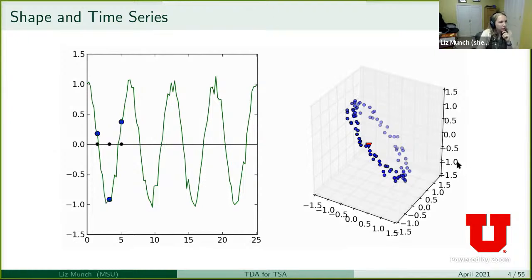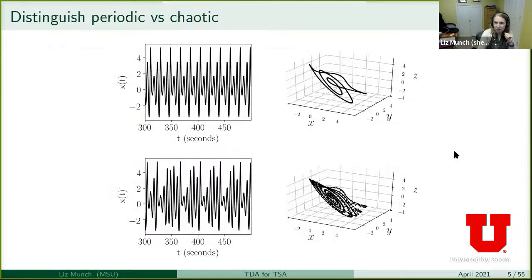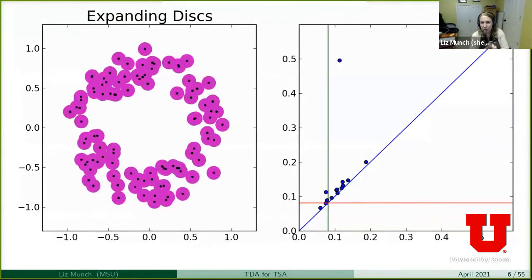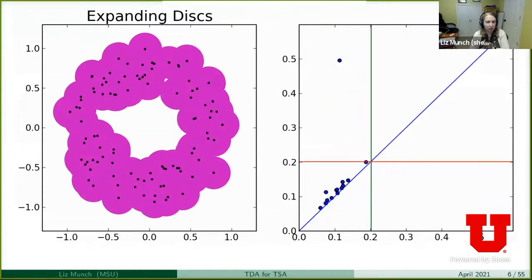Right, so the game for a lot of this stuff is trying to distinguish behavior based on your persistence diagrams or whatever other representation you're doing. So in this case, if you start with a time series and you get this point cloud, the most standard way to get to persistence from a point cloud is to use Čech complexes or Rips filtrations or some variant of that, right?